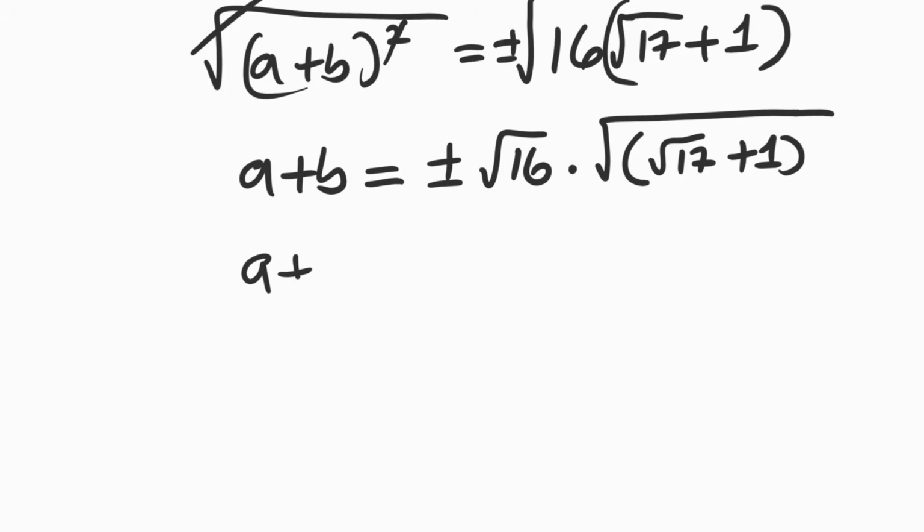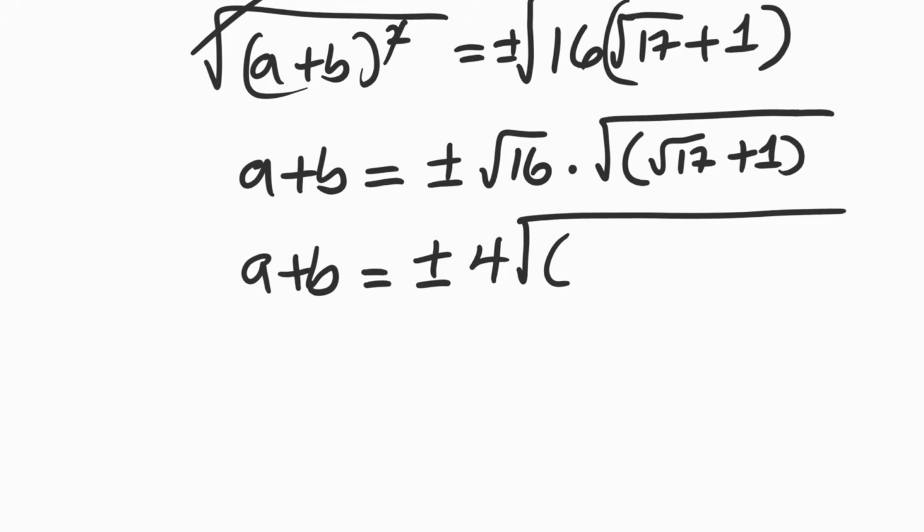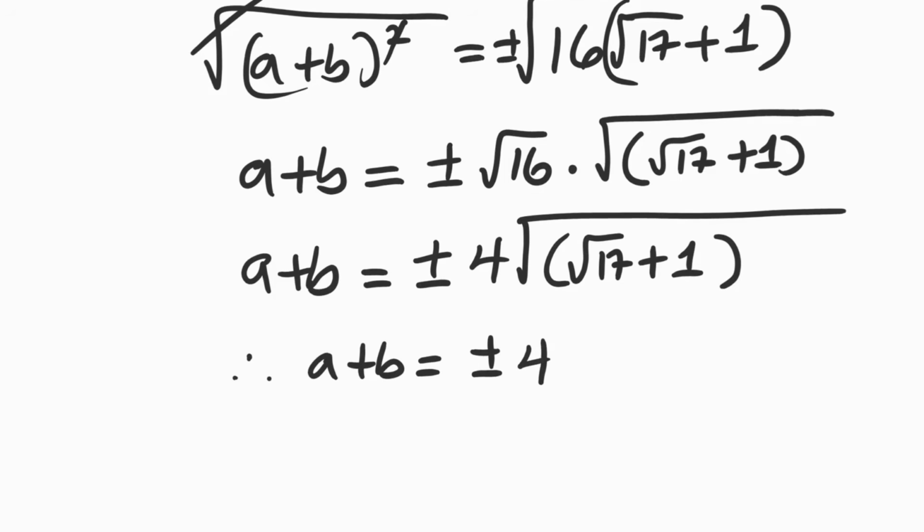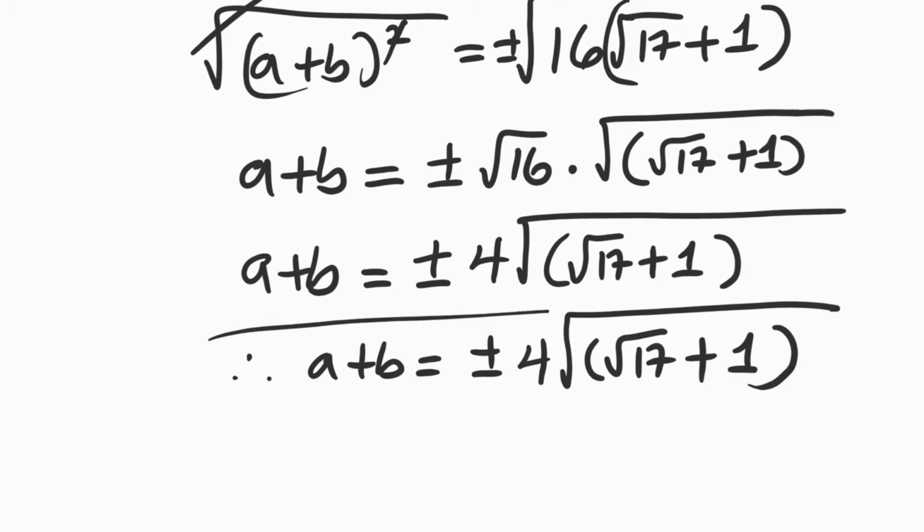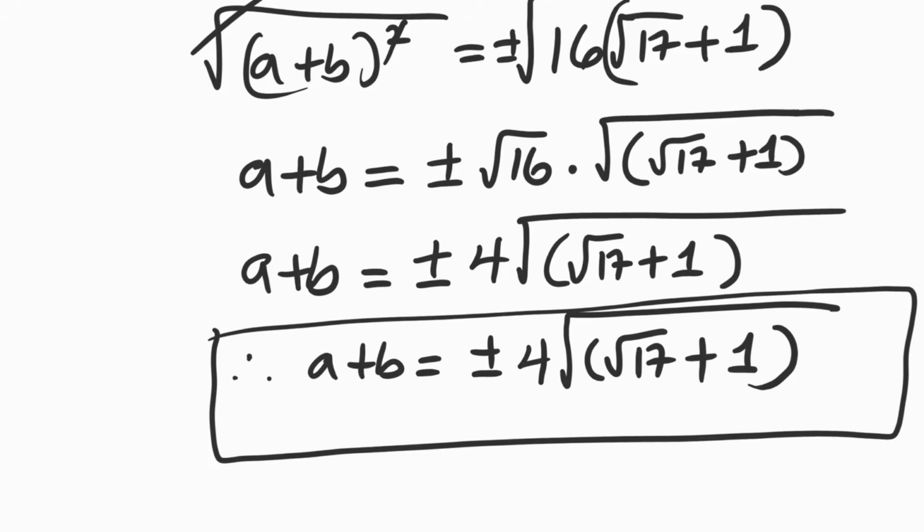So a plus b is equal to plus or minus root of 16, which is 4, because 4 times 4 is 16, then root of 17 plus 1. Therefore a plus b is equal to plus or minus 4 root of 17 plus 1. And this is our final answer.